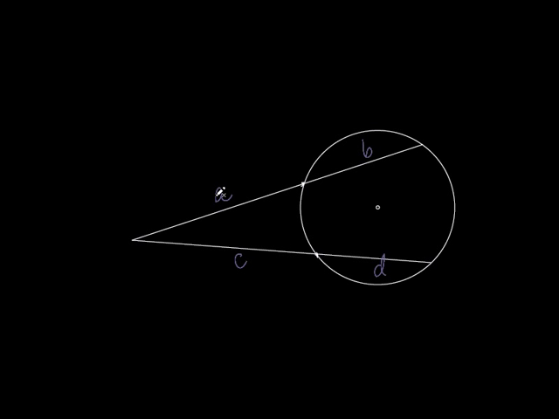Here's our theorem. We don't just go A times B equals C times D, because that would be the same thing as if they intersected inside the circle. But it's different when they intersect outside the circle right here. Here's what it is. It's A times, listen to what I say, it's the outside times the whole thing. What's the whole thing? People say that all the time. It's A plus B. It's not AB.